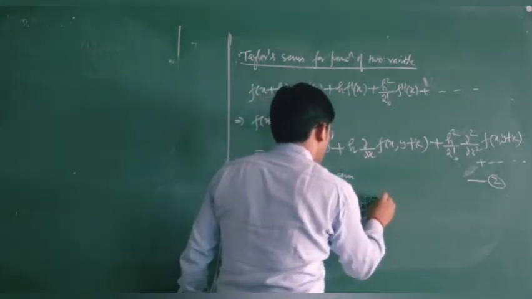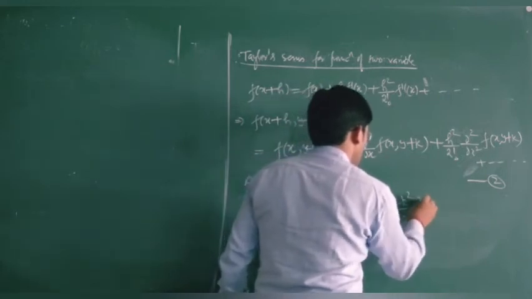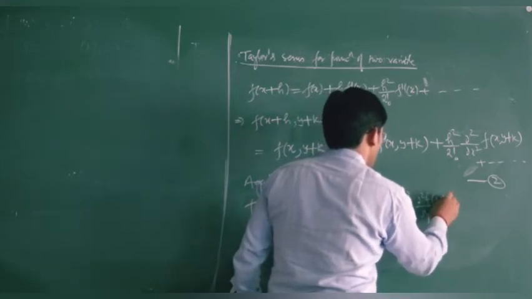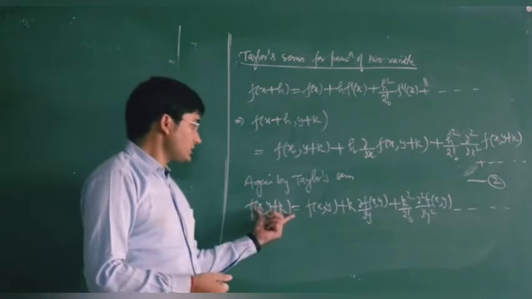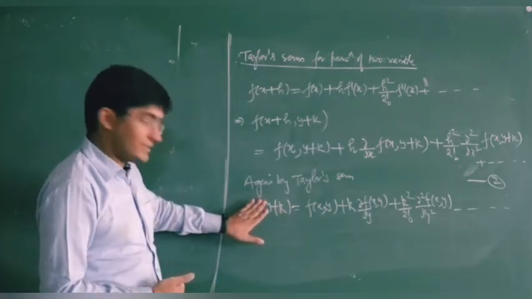Then in the bracket we will have f(x, y), then we will have k square upon factorial 2, del 2 f by del y squared, and here we will have x comma y, and so on. So we have this expansion for f(x, y+k), assuming x is constant.